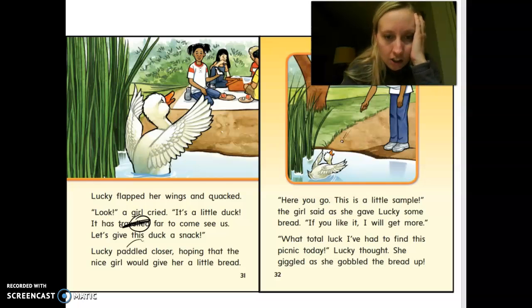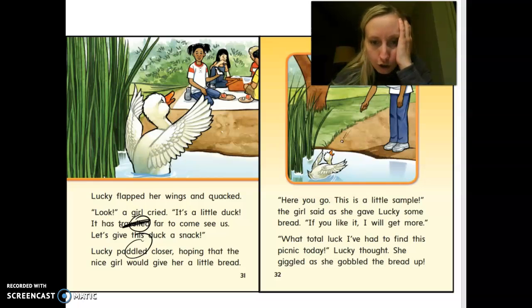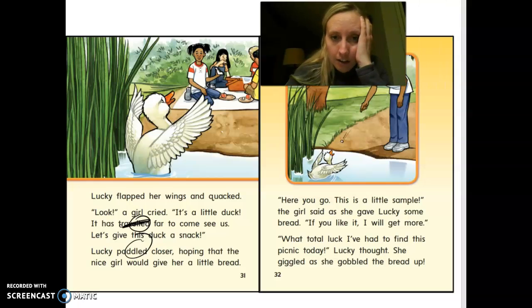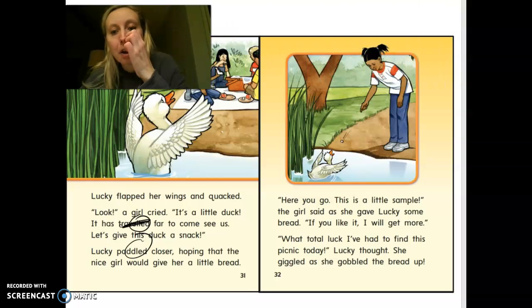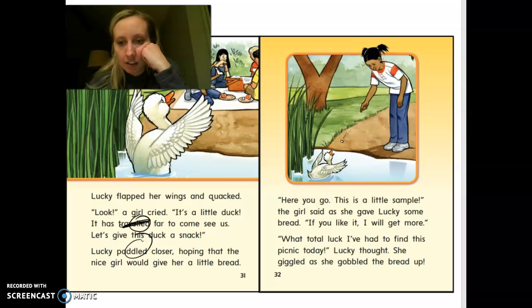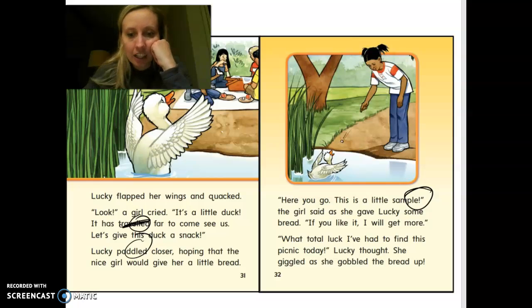Lucky paddled closer, hoping that the nice girl would give her a little bread. Here you go. This is a little sample, the girl said as she gave Lucky some bread. If you like it, I will get more. What total luck I've had to find this picnic today, Lucky thought. She giggled as she gobbled the bread up.